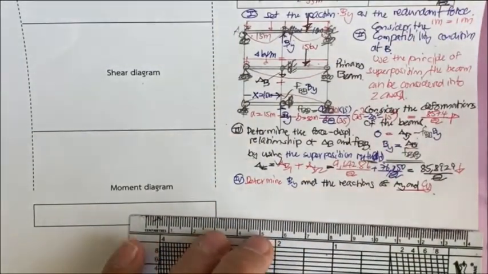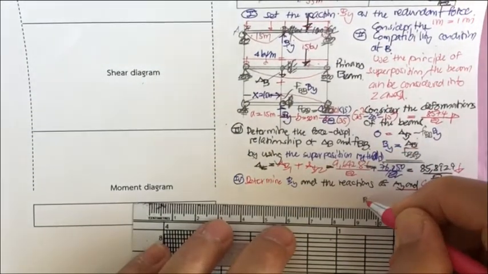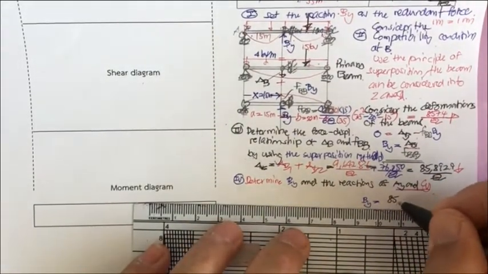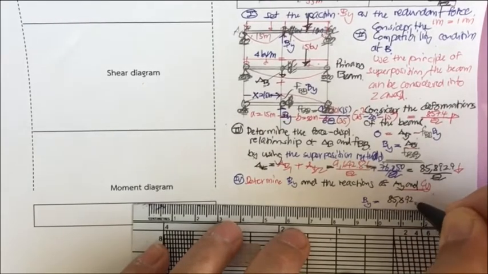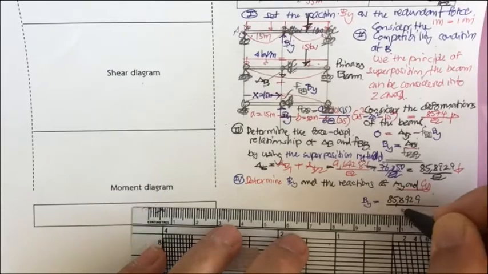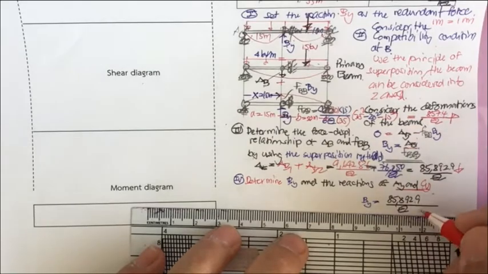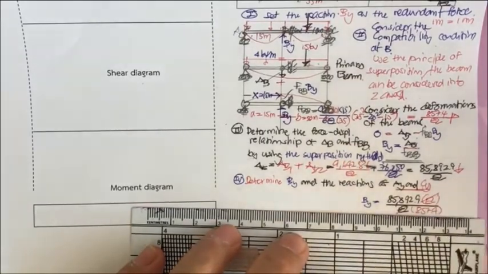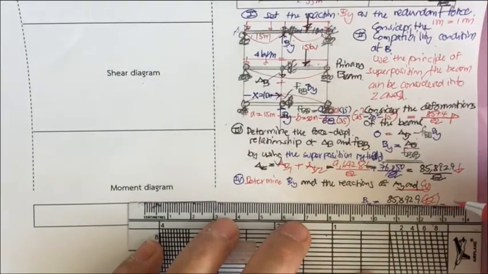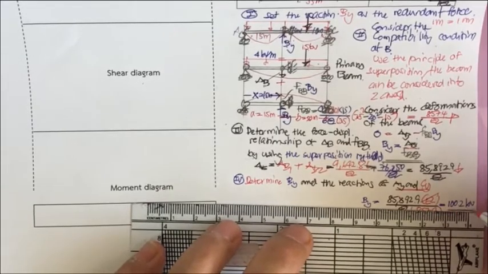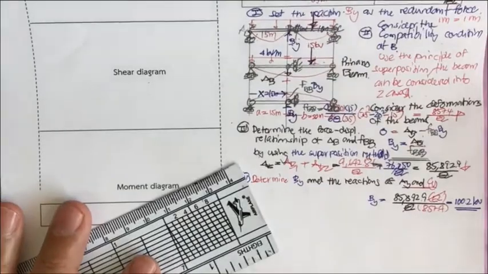By doing this, B sub y is equal to 85,892.9 divided by EI, and then divided by f sub BB, 857.4, and then EI cancels, and you get 100.2 kilonewton. That is going to be the B sub y.